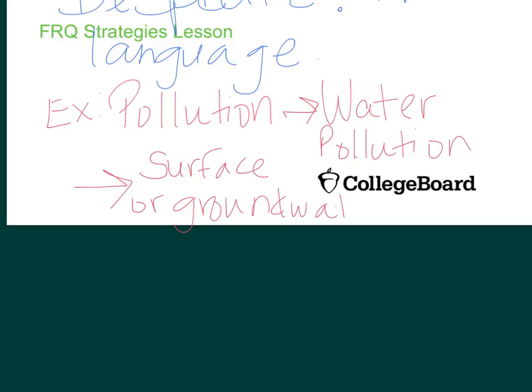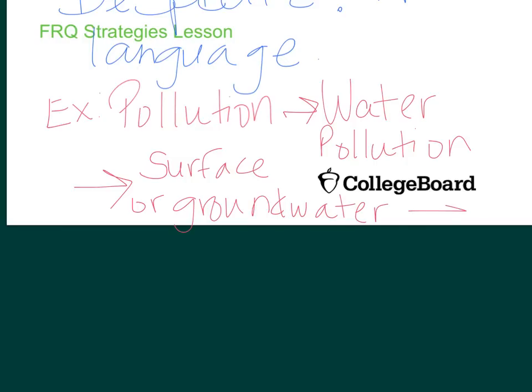Sometimes they're that picky. So instead of saying fracking causes pollution, you say fracking causes groundwater pollution. And so again, just add those precise words, and those are the kinds of things that give you points. You don't have to write a huge amount on an FRQ, but you have to write precise words.